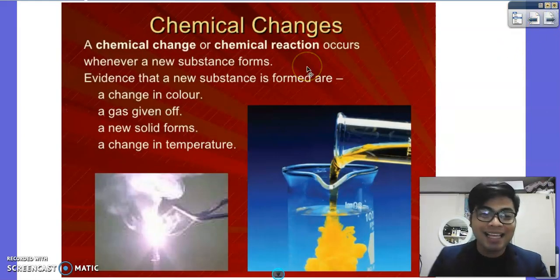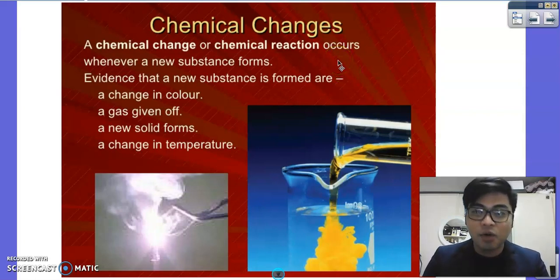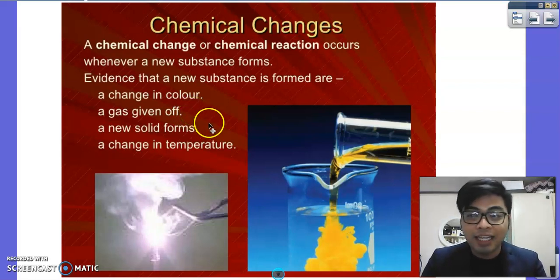So, what is a chemical change? You would know that something is undergoing a chemical change if there's a chemical reaction and a new substance is formed. You would know that a chemical reaction took place because there is a change in color, gas is given off, carbon dioxide or oxygen, or new solids are formed.